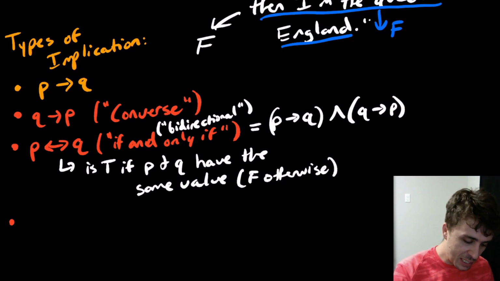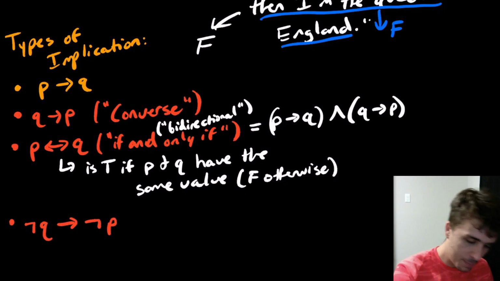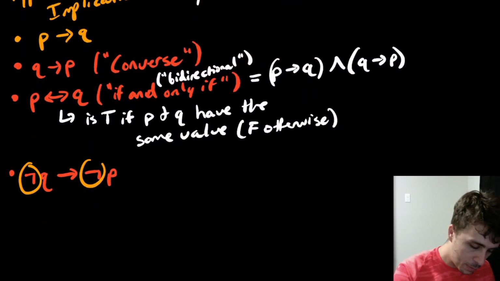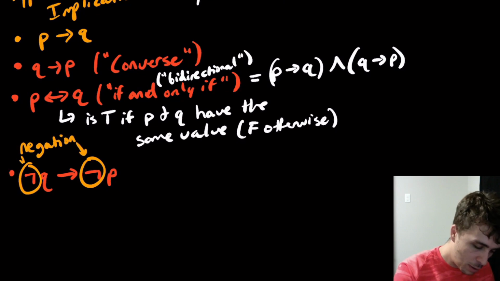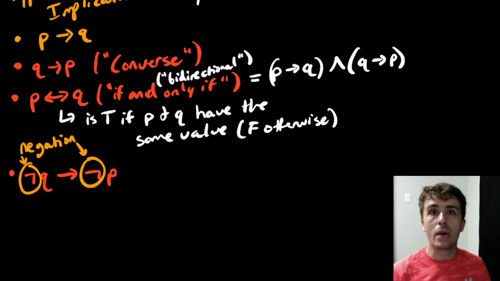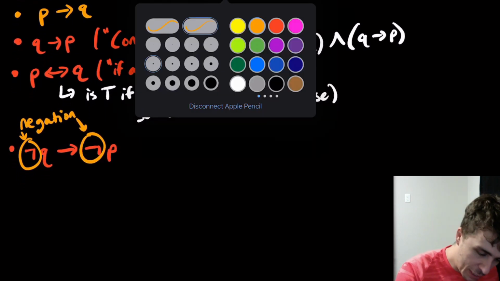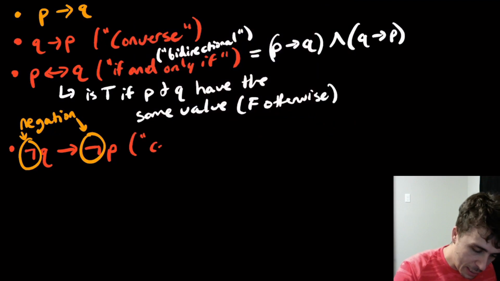This is the implication not Q implies not P. These symbols are the negation: whatever Q's value is, it's the exact opposite when I put the negation symbol on there. So this is called the contrapositive.